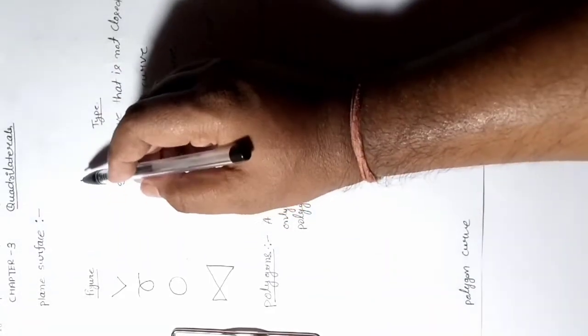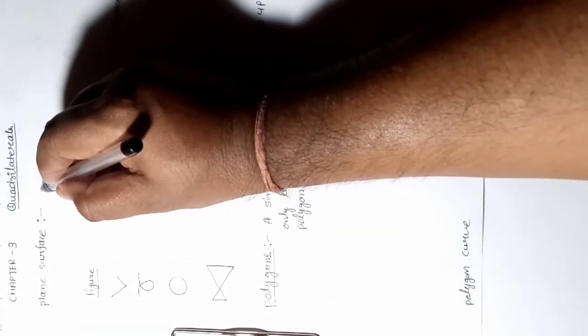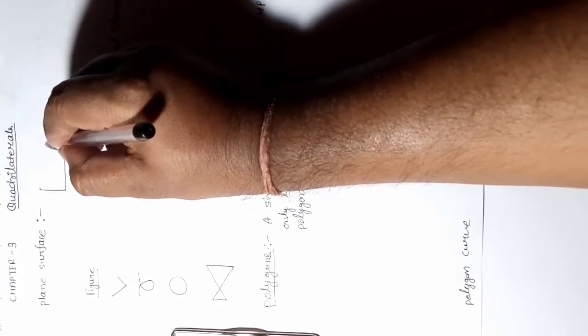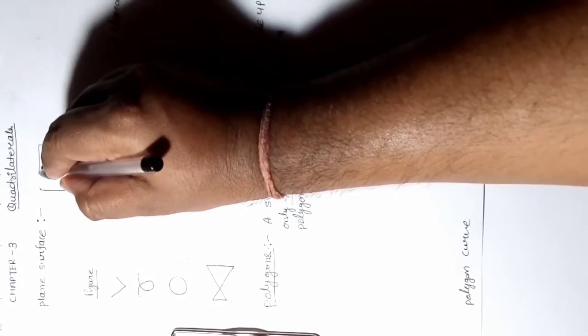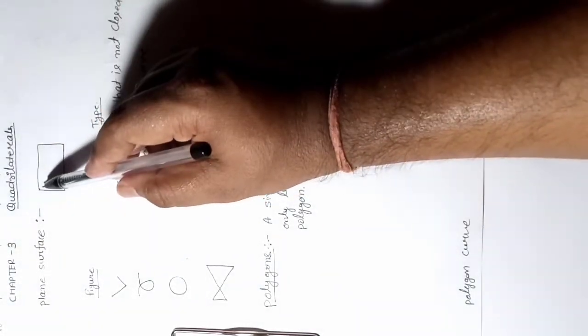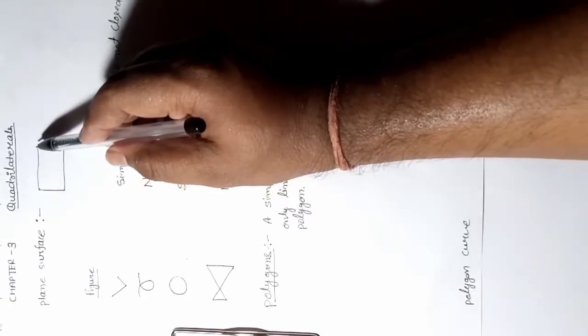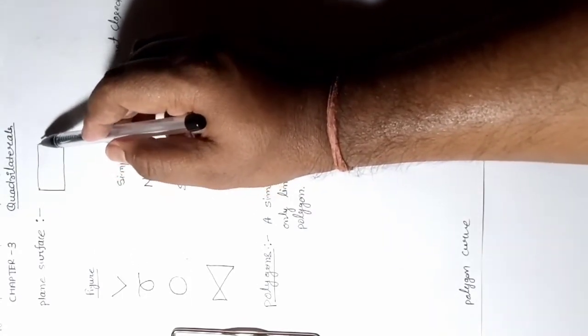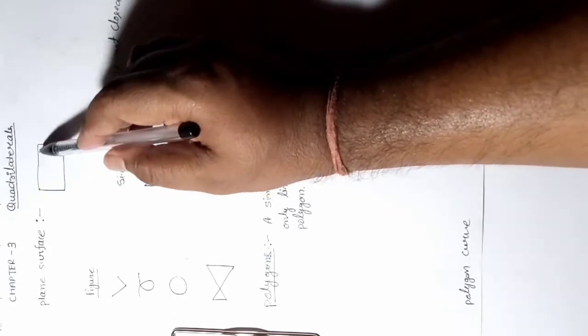So whenever we start joining all the vertices of any page, means all the corners, without lifting the pen, you will draw a curve which is made of line segments, right?